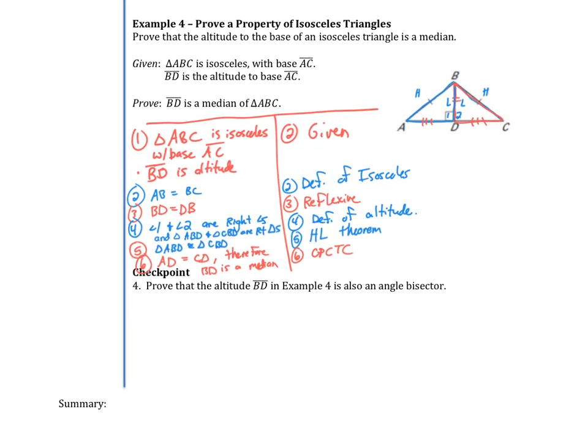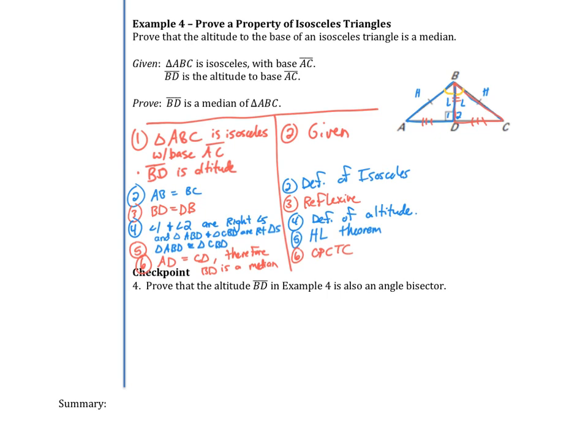Okay, for the sake of time, I'm not going to run through the entire proof, but to prove that BD is an angle bisector, you would do the same proof, except at the end, you would say that these two angles in yellow are congruent by CPCTC.